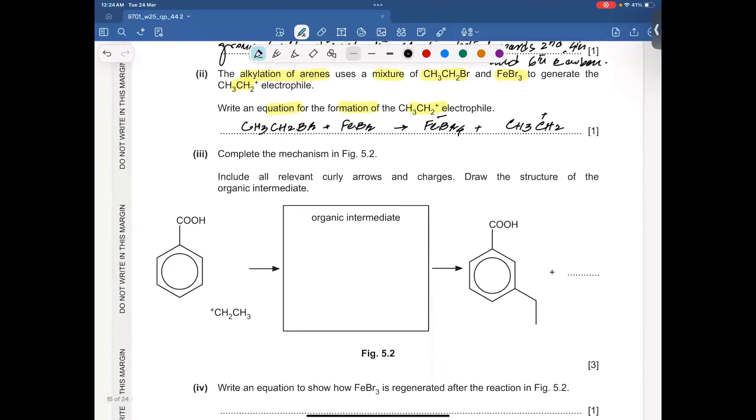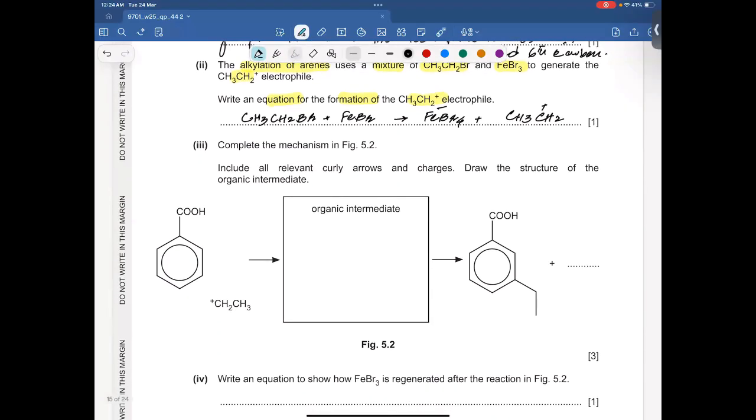Include all relevant curly arrows, charges, draw the structure of the organic intermediate. So first of all, let me show you that the pi bond interacts with this electrophile, and as a result, a pi complex is formed. This COOH will remain as it is.